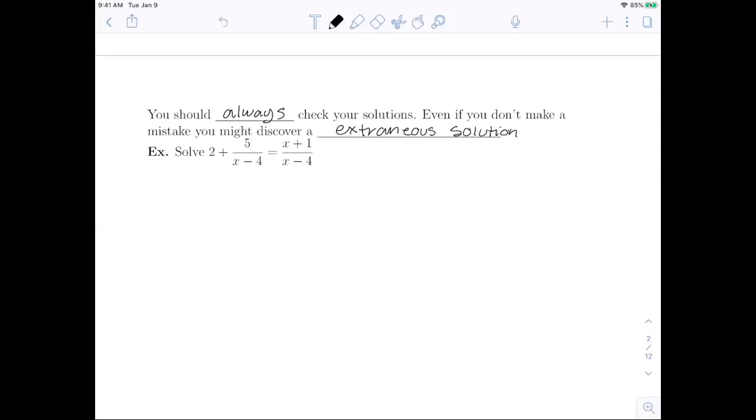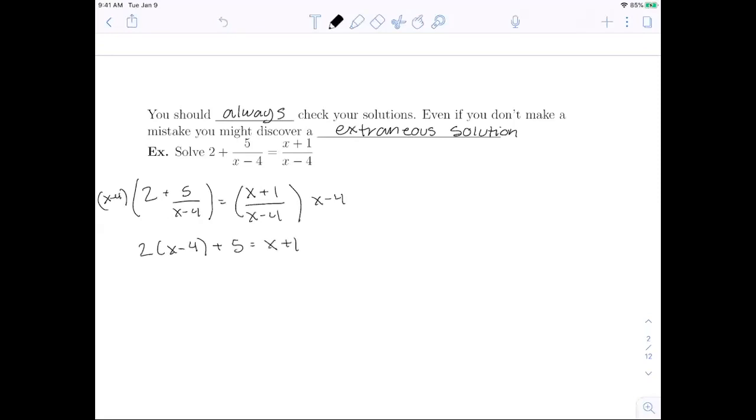All right. So kind of like what I said earlier, that last problem, I don't want these fractions. So for 2 plus 5 over x minus 4 equaling x plus 1 over x minus 4, I'm going to multiply each side by the denominator, x minus 4. That's going to leave me with 2 times x minus 4 plus 5 equaling x plus 1.